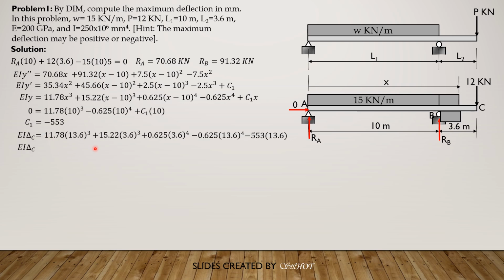So evaluating, EI delta C is 1544.976. The unit is kilonewton meter cubed.